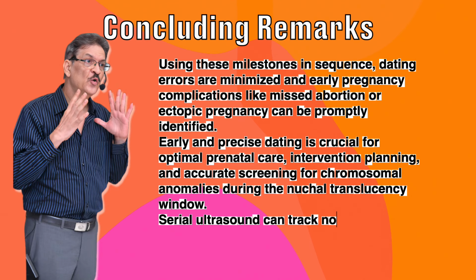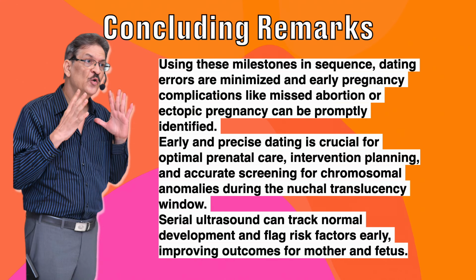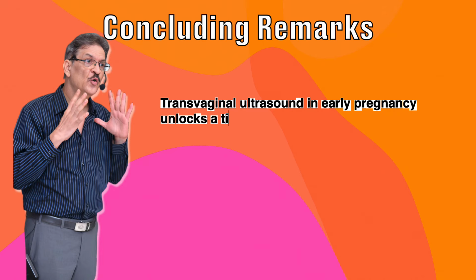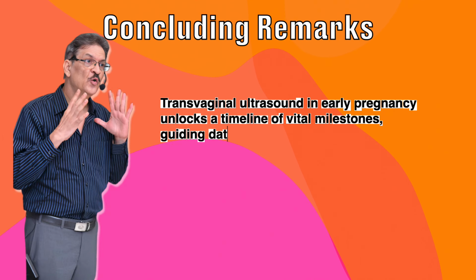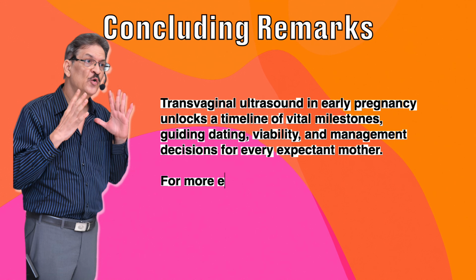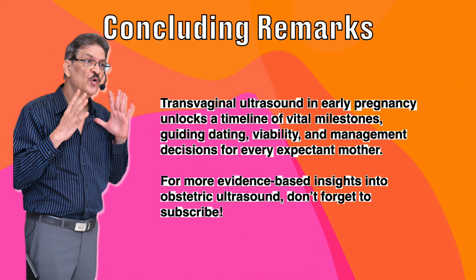Serial ultrasound can track normal development, flag risk factors early, improving outcomes for mother and fetus. In conclusion, transvaginal ultrasound in early pregnancy unlocks a timeline of vital milestones guiding dating, viability, and management decisions for every expectant mother.